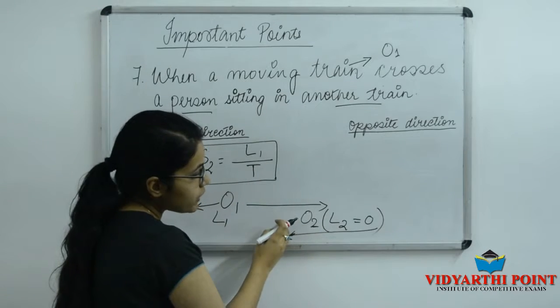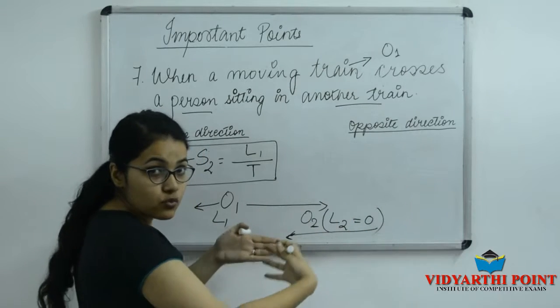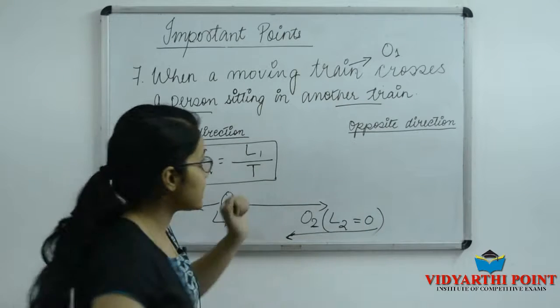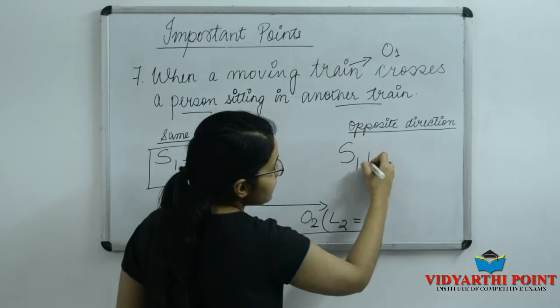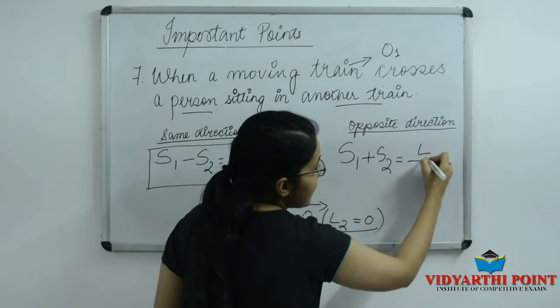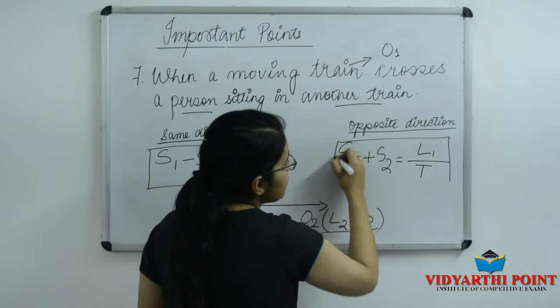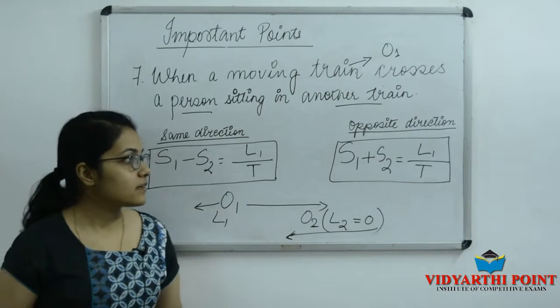Now if they are moving in opposite direction, that is either this way, towards them, or both are going in another direction, then opposite direction is S1 plus S2 equals to L1 by time. So this is the formula for this.